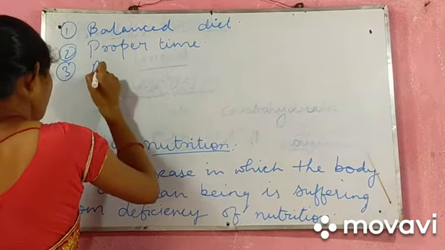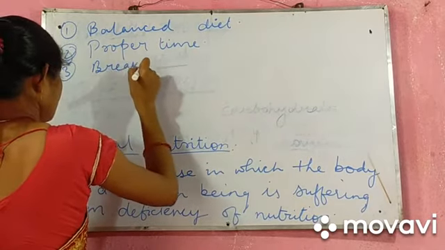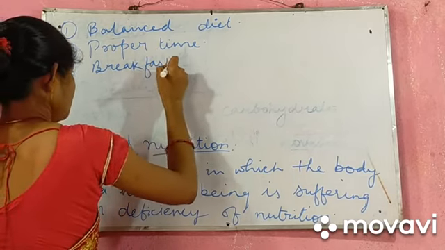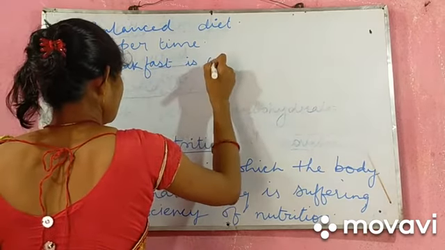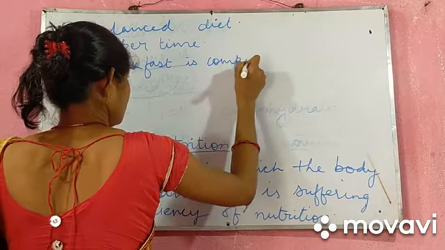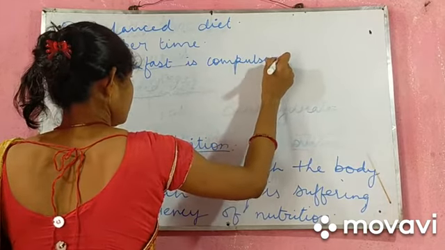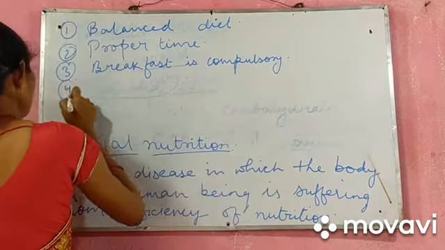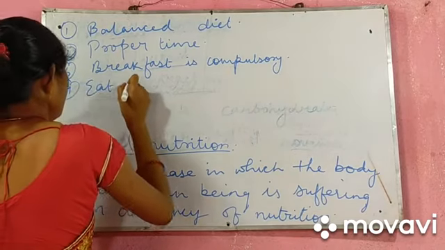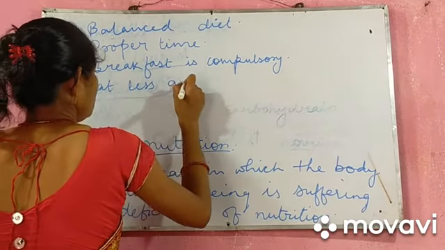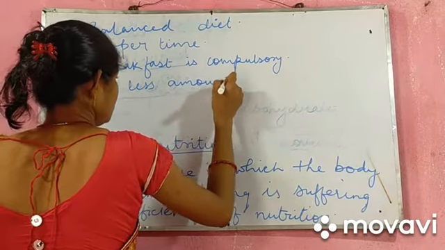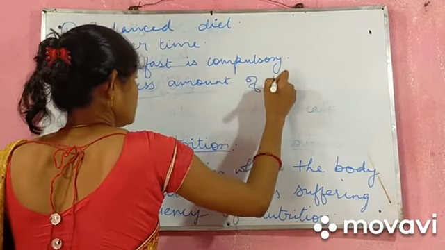Breakfast is compulsory. Eat less amount of junk food. Junk food means roadside foods.